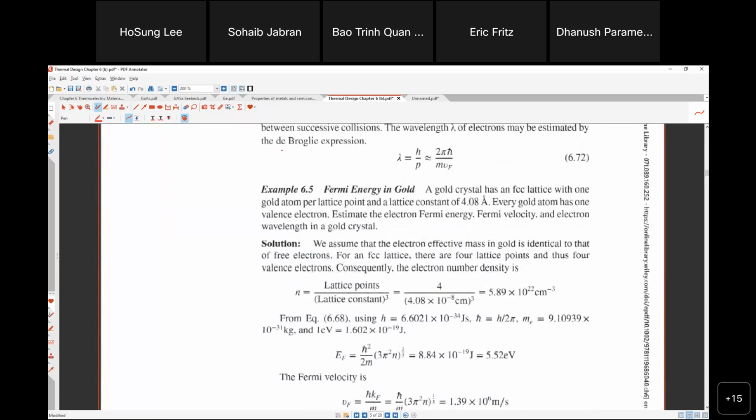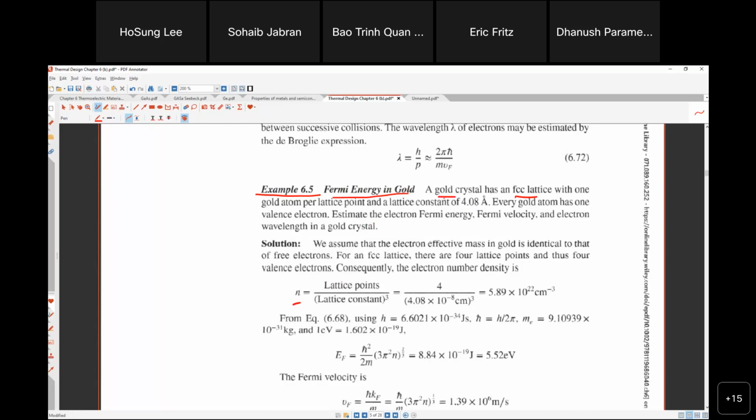Okay, I think we discussed example 6.5, pyramids in gold example, and assuming FCC, so that we can figure out the number of electrons, assuming every atom provides one electron, because the valence number of gold is 1.